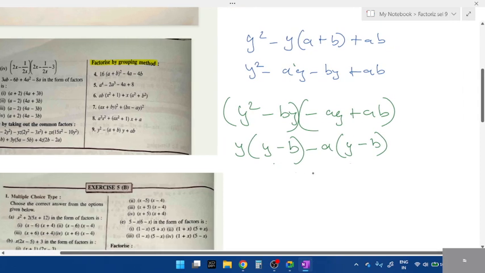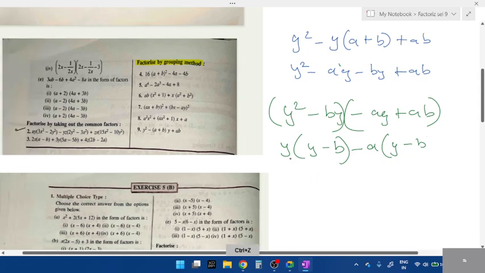The bracket should be the same. Only then you can take out y minus b into. See, you made a mistake there earlier. Try this again. Tell me what's the first sign? Minus. What is common?